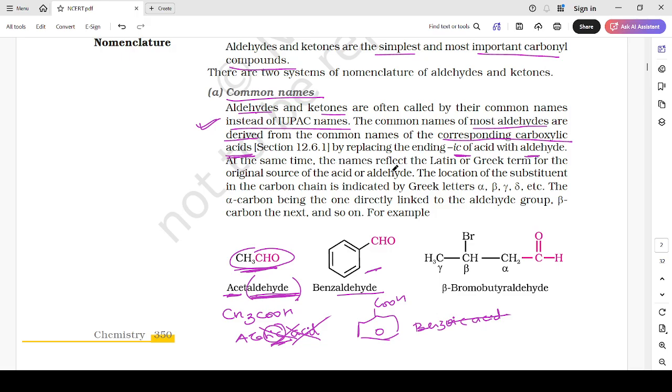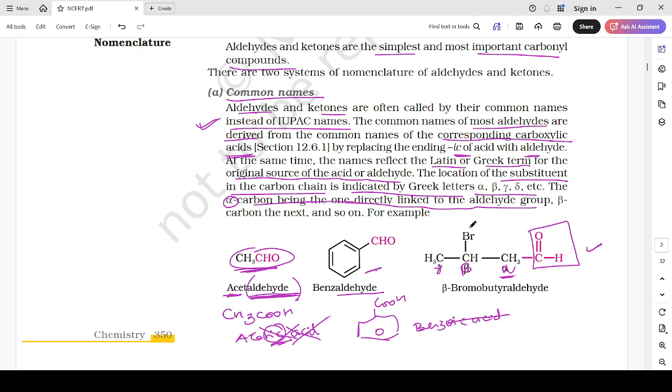At the same time, the name reflects a Latin or Greek term for the original source of the acid or the aldehyde. The location of the substituent on the carbon chain is indicated by the Greek letters alpha, beta, gamma, delta, while the alpha carbon is the one directly linked to the aldehyde group. This is the aldehydic unit. So the carbon that is very next to this aldehydic unit is alpha. Next is beta.